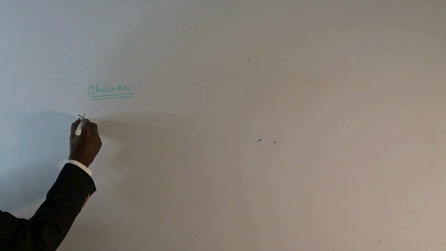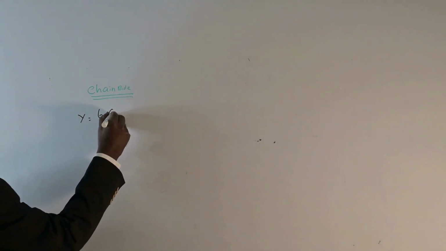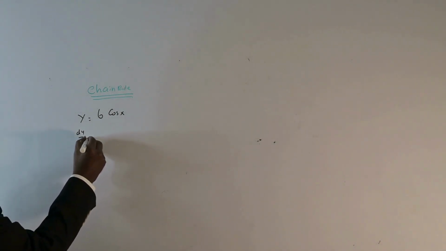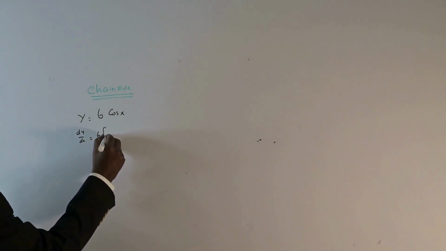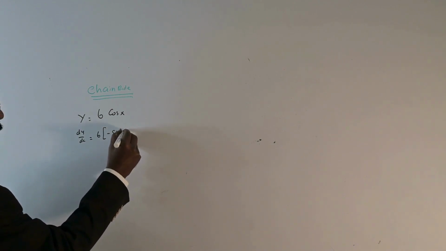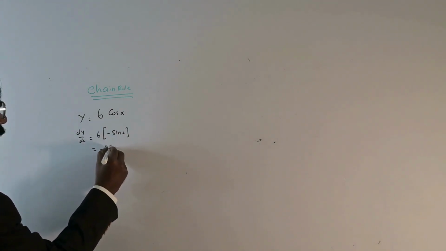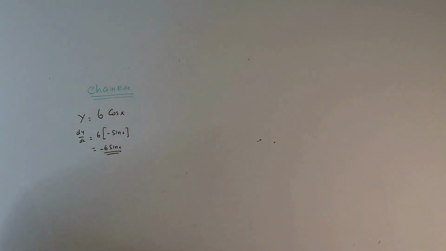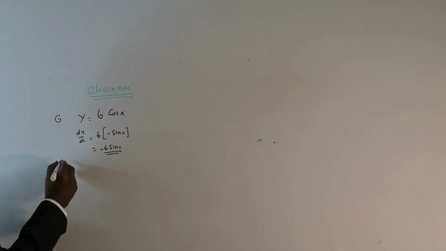Look, I'll go one by one, listen. First I take a simple function, 6 cos x. It's nothing. What you do is dy by dx, 6 when you differentiate cos x, minus sin x, minus 6 sin x. Right? That is the beginning.